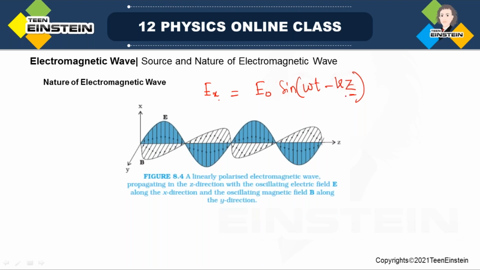See here, you have to note one point: this is an electric wave which is oscillating along the x direction, but it is propagating along the z direction. The term omega t minus kz means it is propagating along the positive z direction.